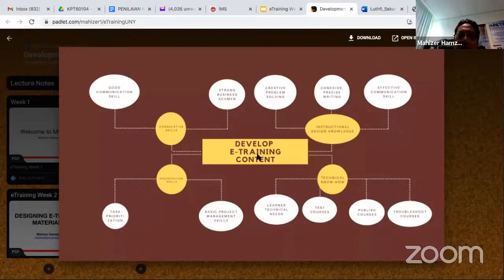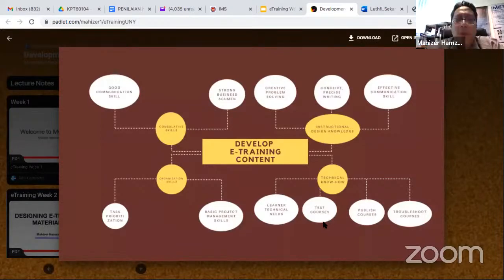So for me, these can be the units for the modules. Let's say the technical know-how, learner technical needs, text courses, test courses, English courses, published courses. This is quite general.